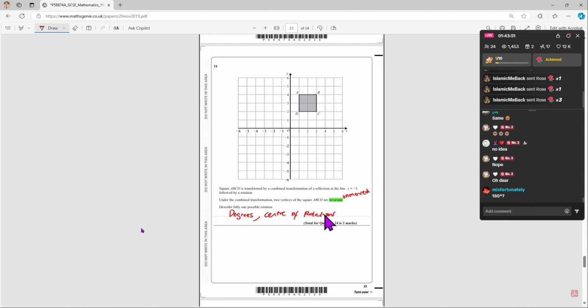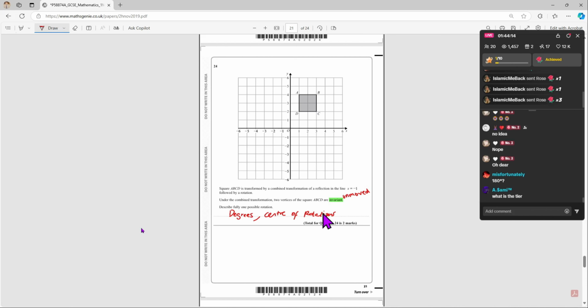Those are the two things you write when doing the rotation transformation. So it says ABCD is transformed by a combined transformation of a reflection in the line x equals -1. Under the combined transformation, two vertices of ABCD are unmoved.